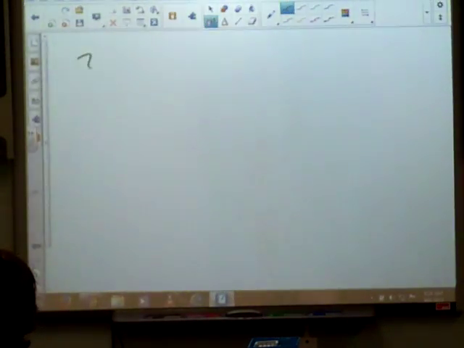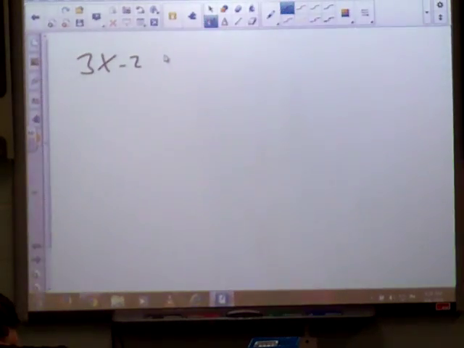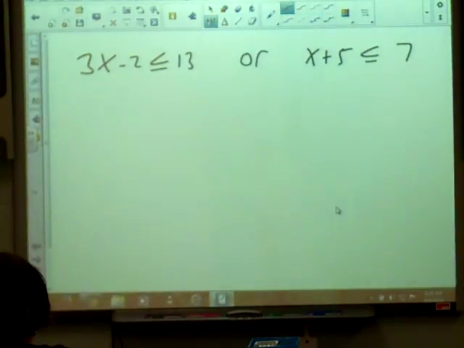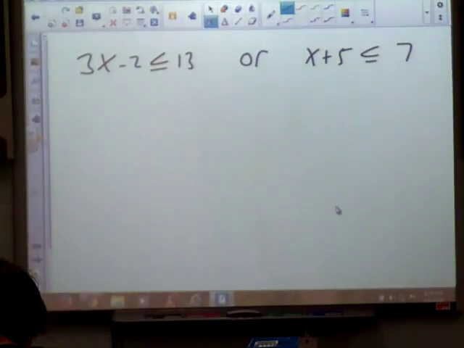3x minus 2 is less than or equal to 13, or x plus 5 is less than or equal to 7. Alright, so what do I do first on the one on the left? 3x minus 2 is less than or equal to 13.